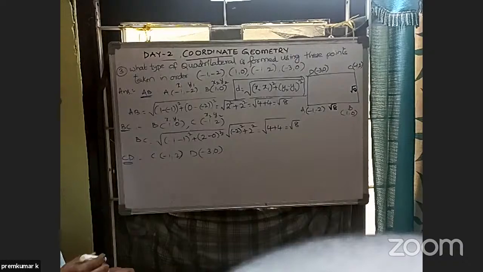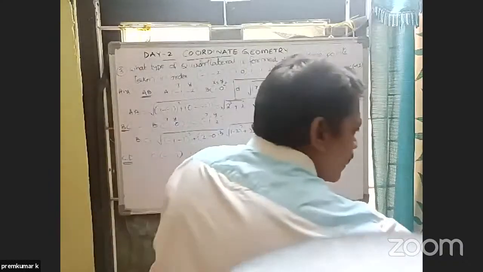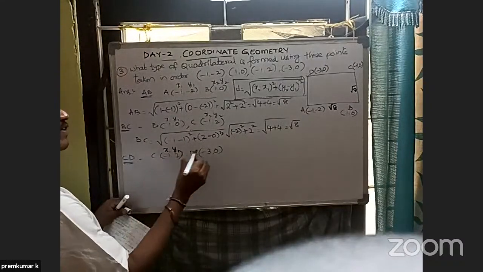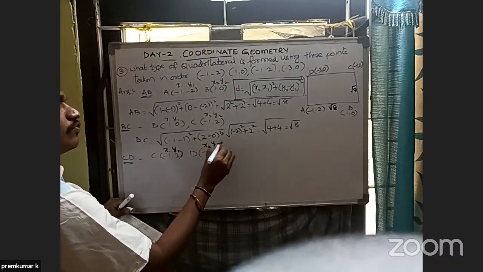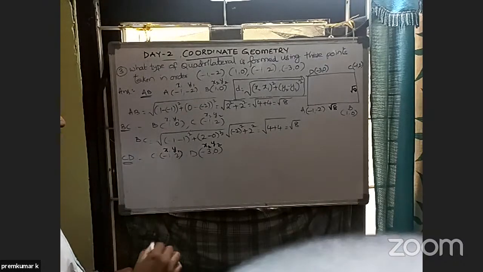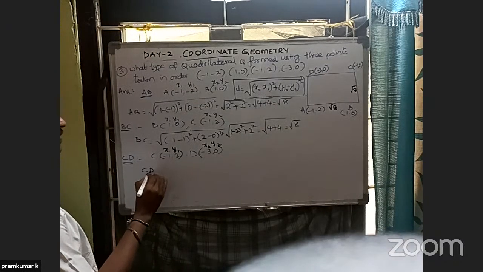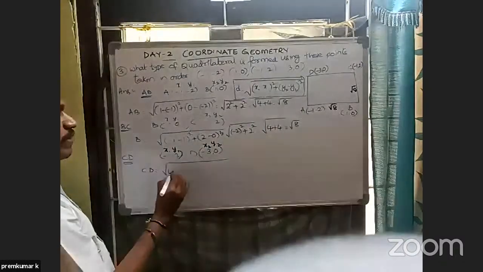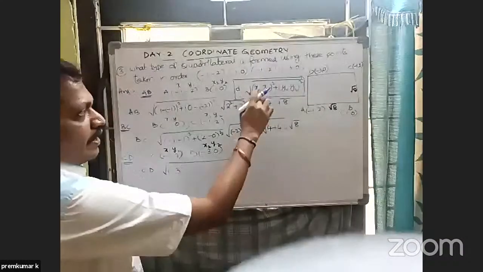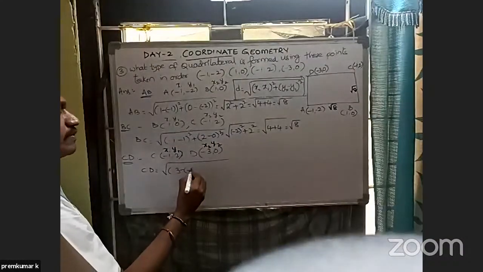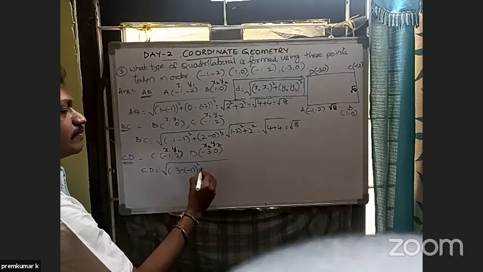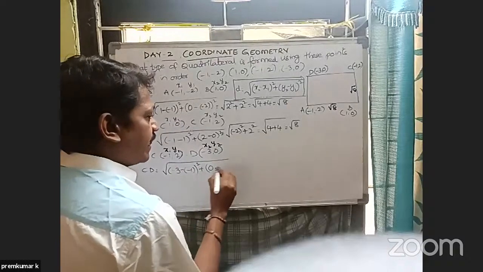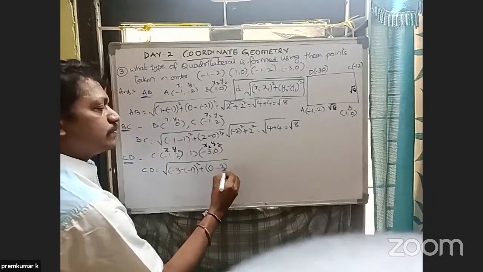Once again, I'm writing this as x1, y1, x2, y2, for our visibility. Now CD distance is equal to, substituting these values, x2 is minus 3, x1 is minus of minus 1 whole square, y2 is 0 minus, what is y1? 2 square.